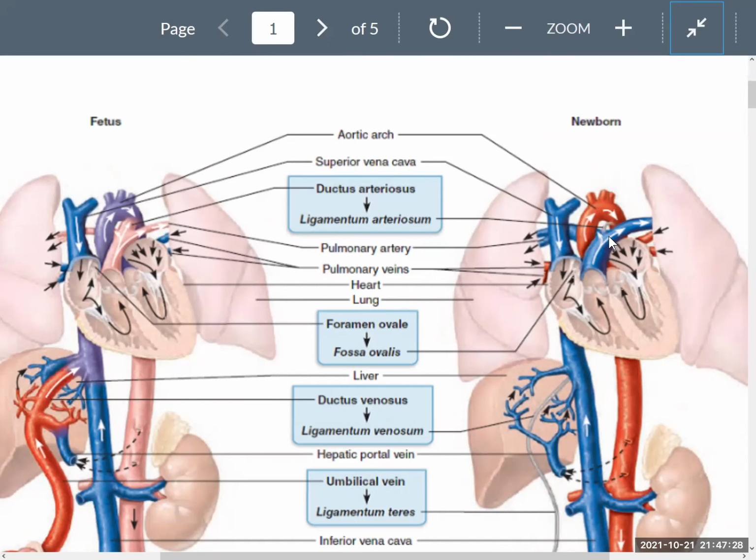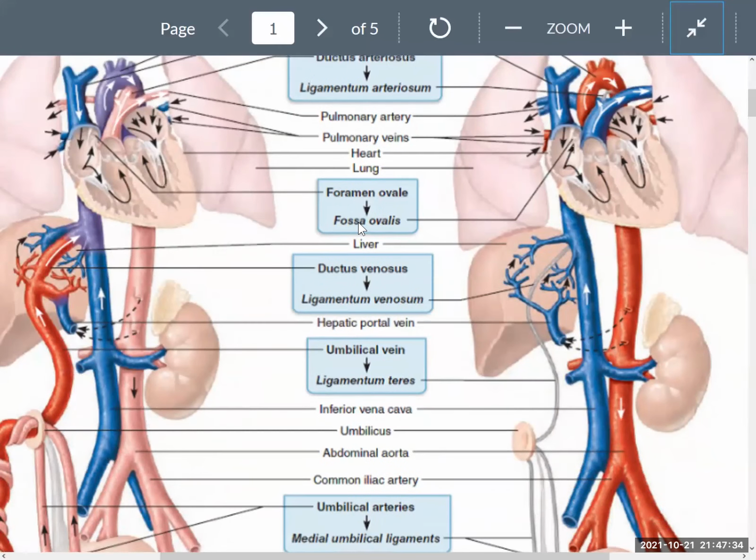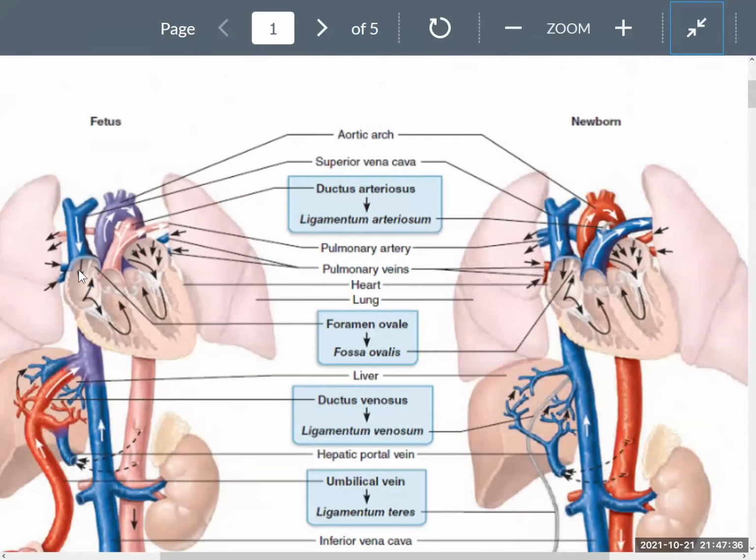All of us have it. The foramen ovale, the hole between the two atria, that's got to shut. That's got to shut so we can get normal circulation. It does shut, closes, and becomes the fossa ovalis. And that looks like scar tissue.